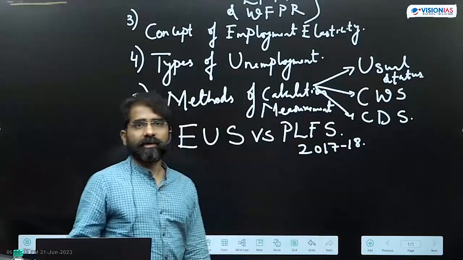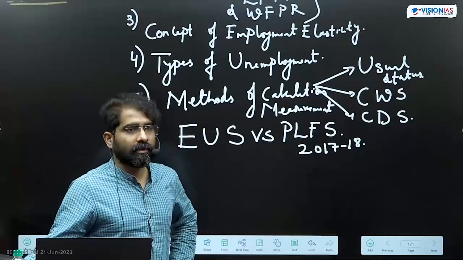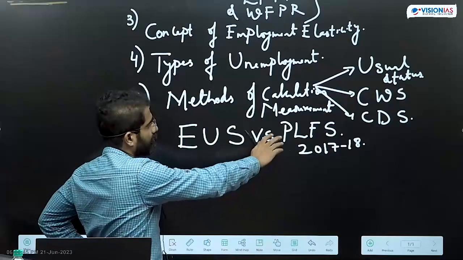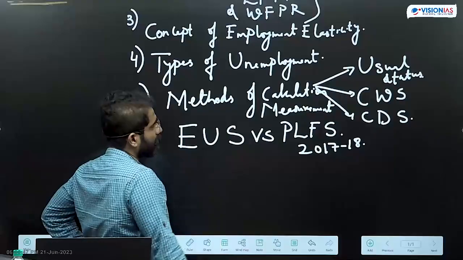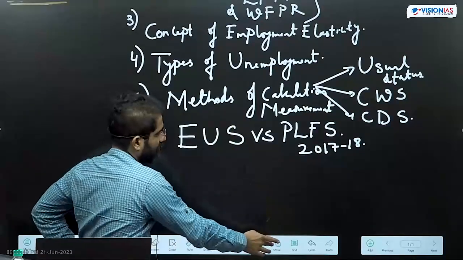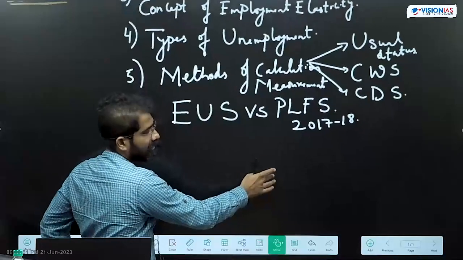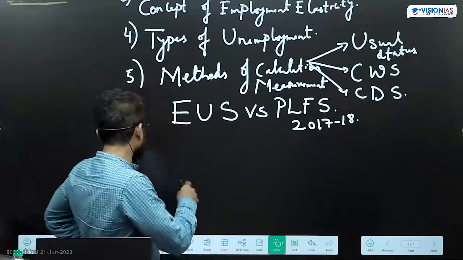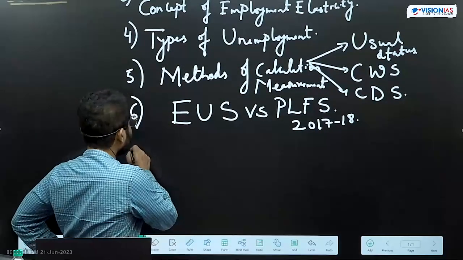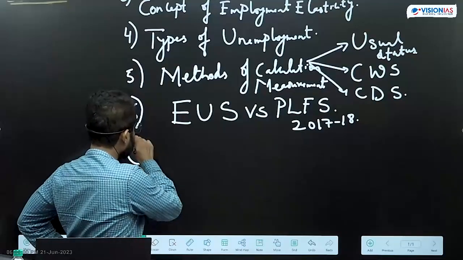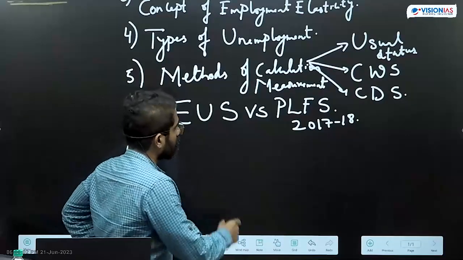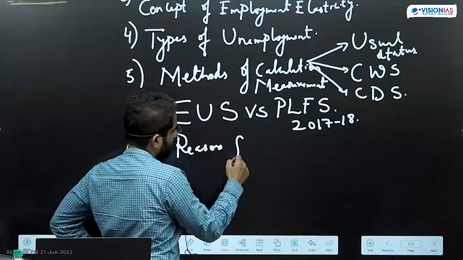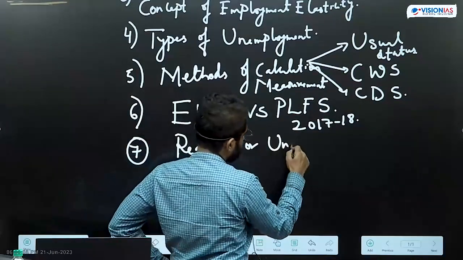So methods of calculation or measurement are usual status, weekly status, and current daily status. Then, what are the reasons for unemployment in countries like India?